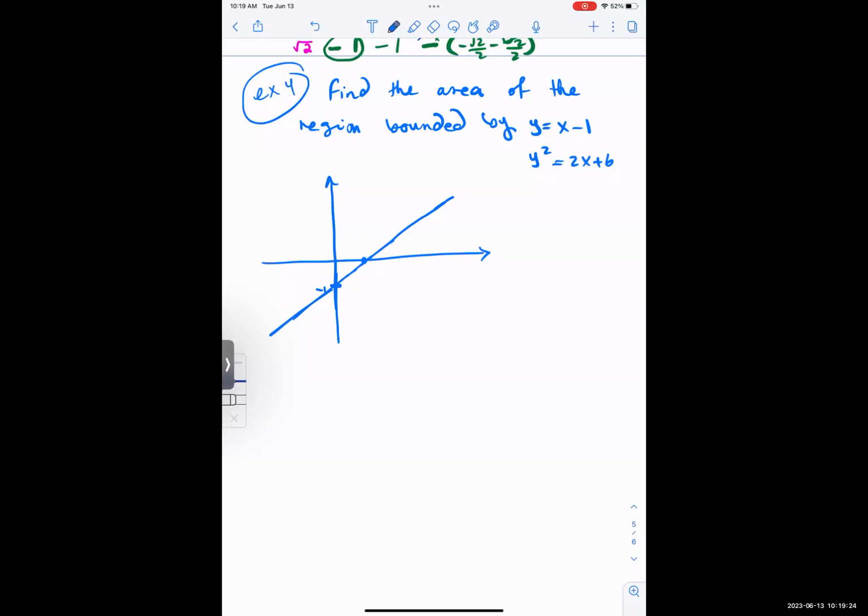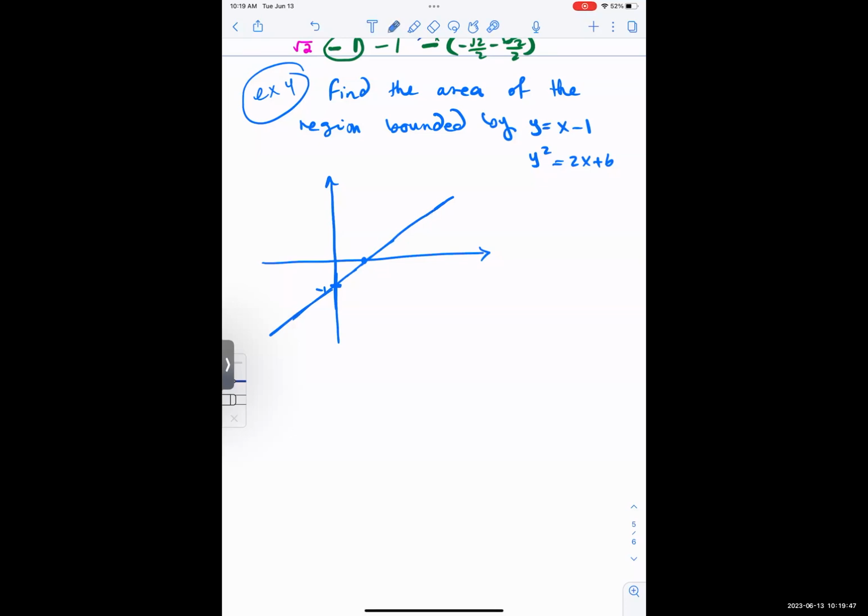In order to find the graph, let's find the intersection of the two graphs. That should help because you know it's going to be opening to the right, but what you need is knowing where they are intersecting.